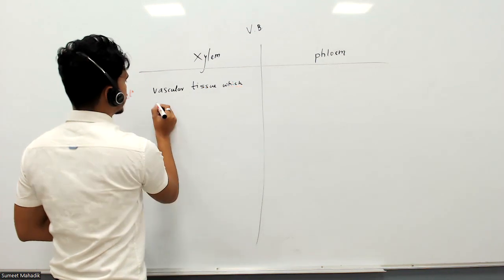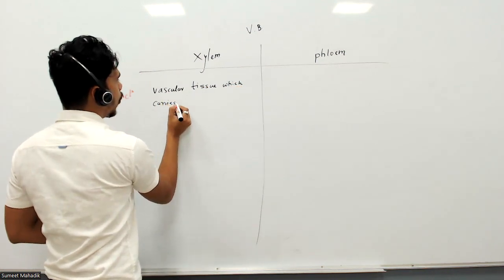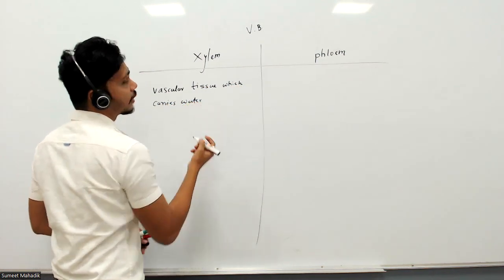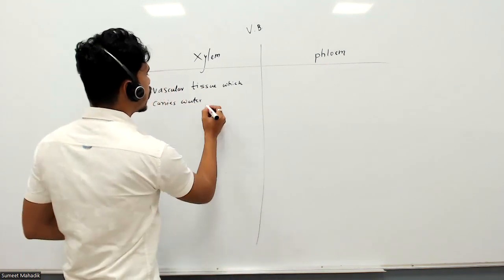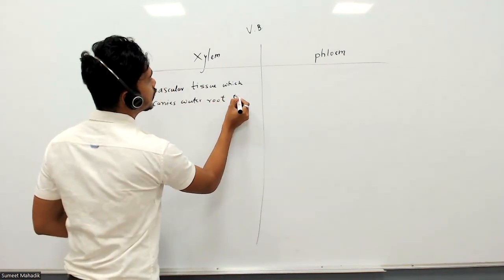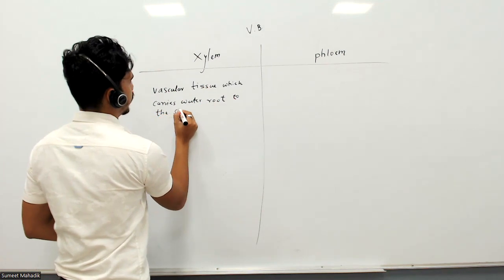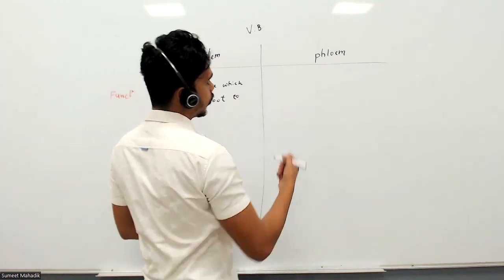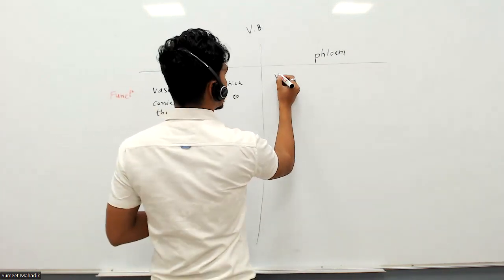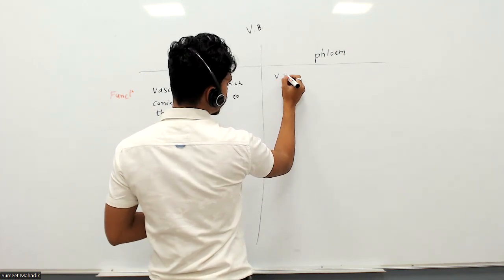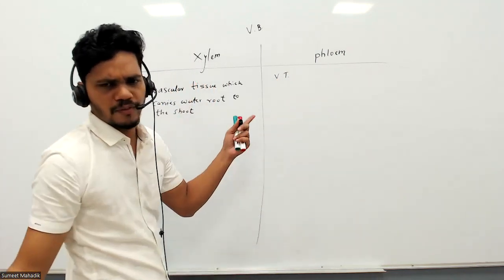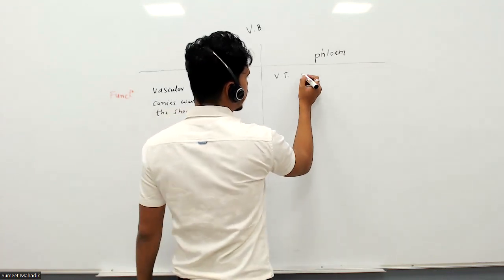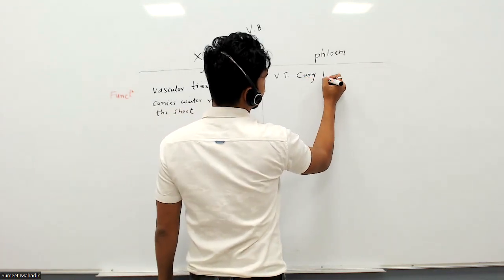which carries water from root to the shoot part. Very good. And in case of phloem, it's a vascular tissue, VT, I'm just giving the short form, which carries the prepared food.